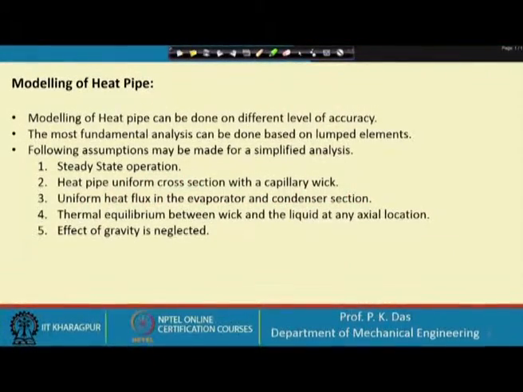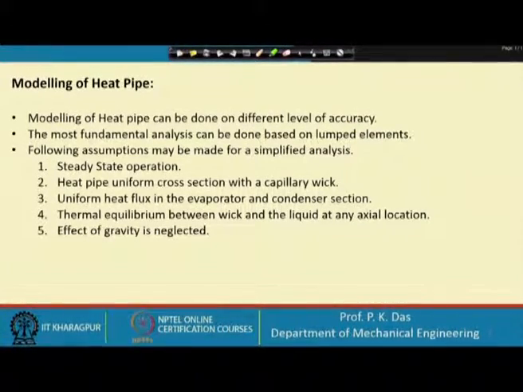So, let me state what we are trying to do: that is basically the conventional heat pipe, the most primitive and most basic heat pipe, that is the capillary wick supported heat pipe. Modeling of heat pipe can be done at different levels of accuracy. Even for this particular heat pipe, one can do it at different levels of accuracy.